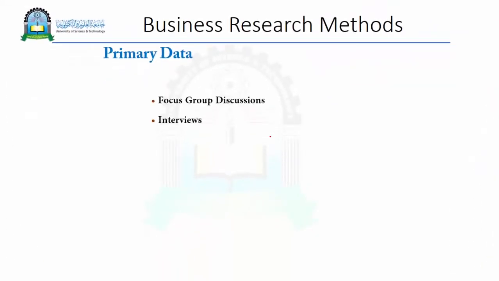The primary data can be taken using a lot of instruments. When we talk about the types of research, we talked about qualitative and quantitative. So there are some instruments which are going to be helpful in qualitative, instruments of data collection for the qualitative method, and for quantitative there are other instruments.